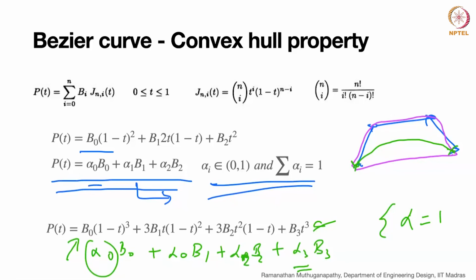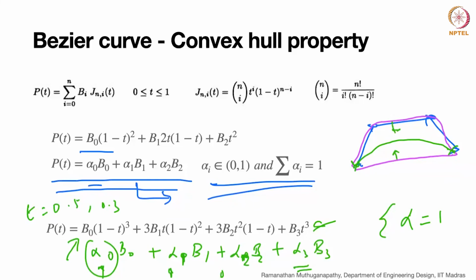If you put any other value, let's say t equals 0.5 or 0.3, all alphas will have some values, and the sum should be 1. That is the reason it lies inside the convex cell, except in the degenerate case where all 3 points are on a collinear line, but that is a very special case.